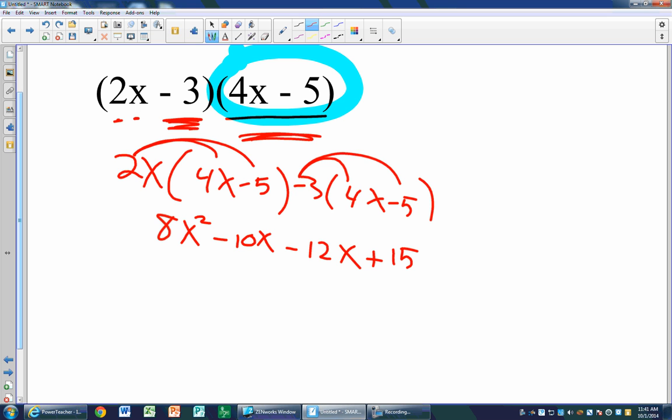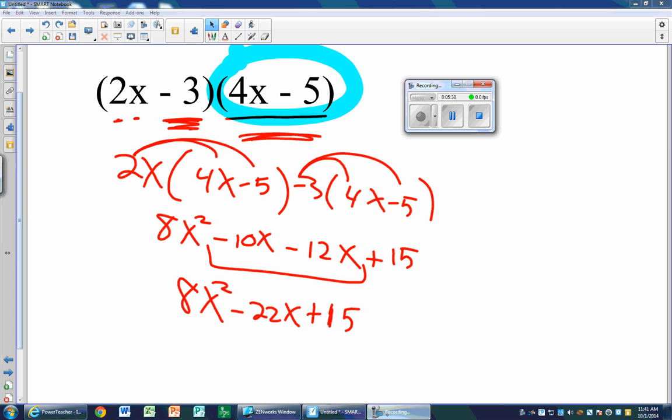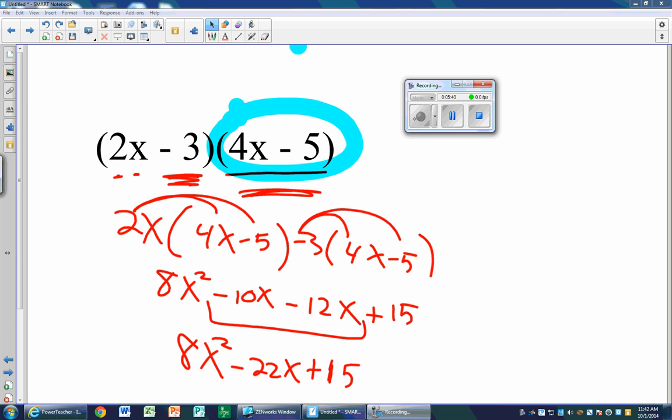So you'll notice that this is the same thing that we did with the area model. We're exactly at the same spot. We combine like terms. And there we have it. I had to go back and check just for a second. It's a different problem. That's why we came up with a different answer.